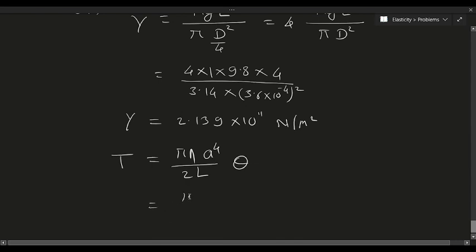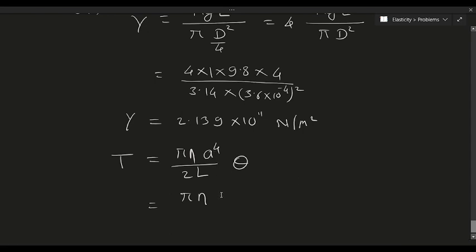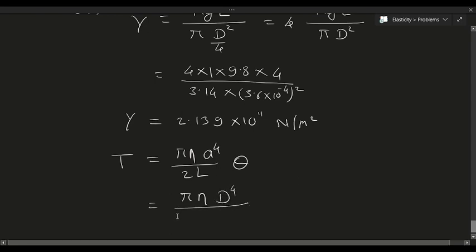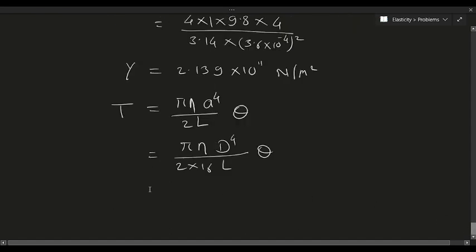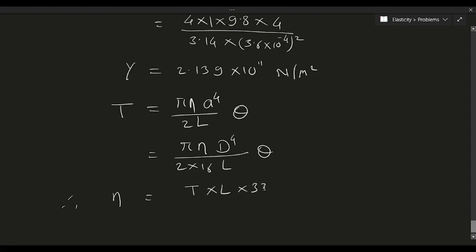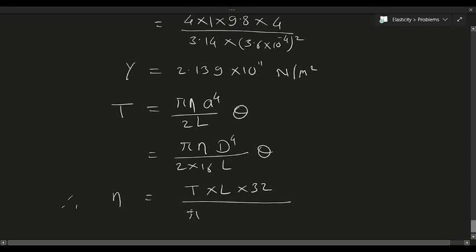We are given diameter, so we replace radius a by diameter, which gives pi eta d^4 divided by 2 into 16 L, into twisting angle. We have to calculate eta. So we rearrange and get eta equal to T into L into 32 divided by pi d raised to 4 and theta.